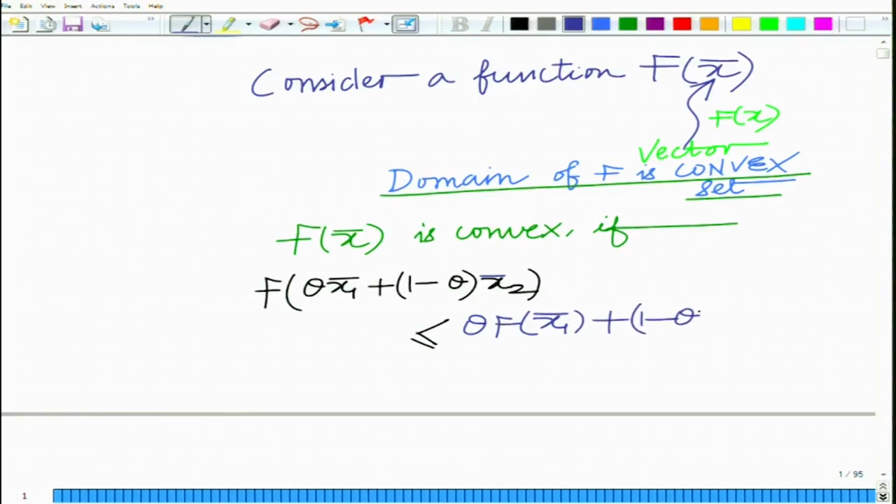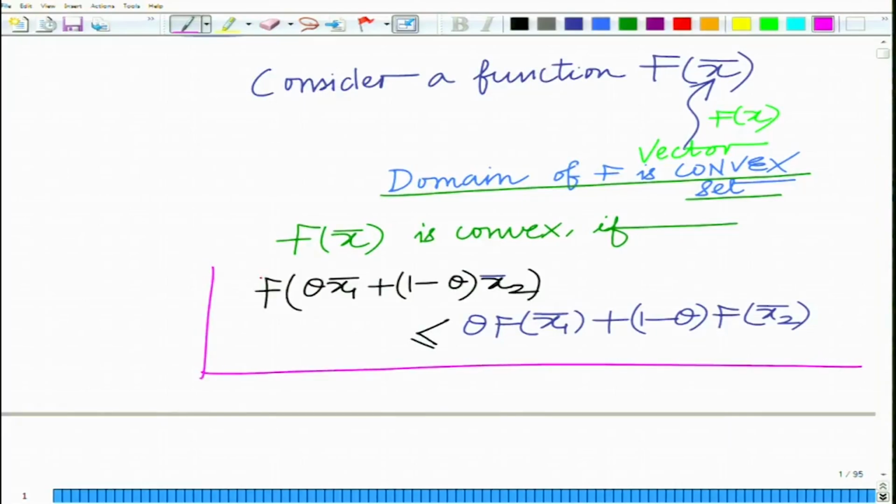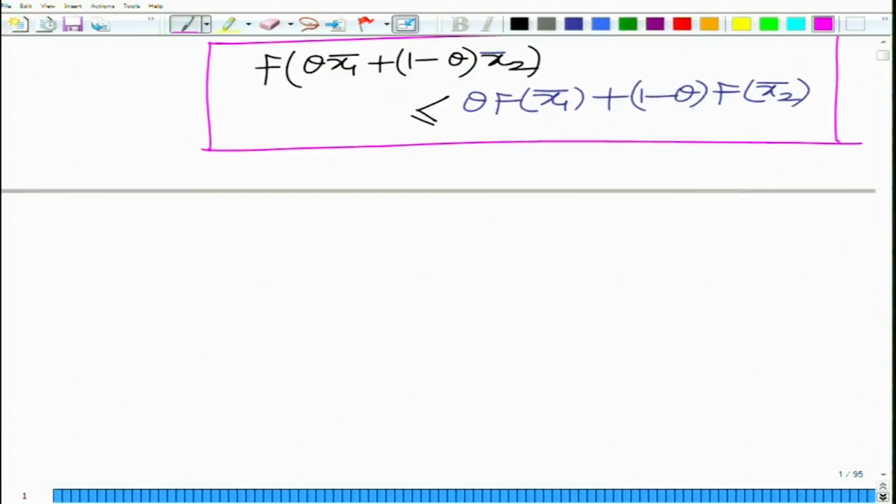So, for f to be convex, for 2 points x1 bar, x2 bar that belong to the domain of f, f of theta times x1 bar plus 1 minus theta times x2 bar must be less than or equal to theta times f of x1 bar plus 1 minus theta times f of x2 bar.